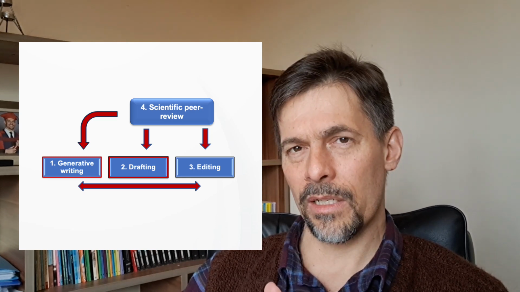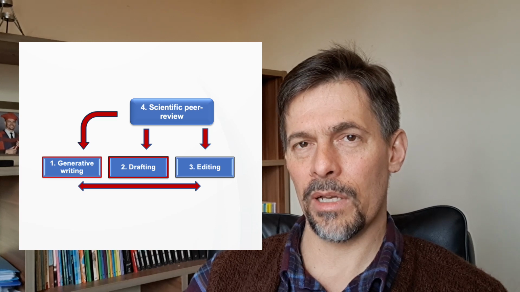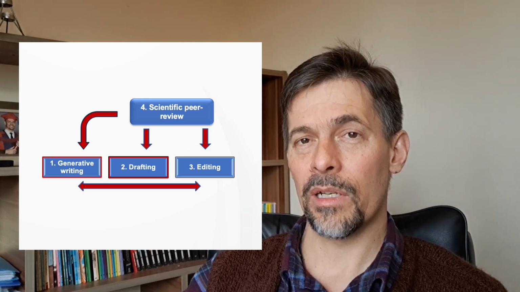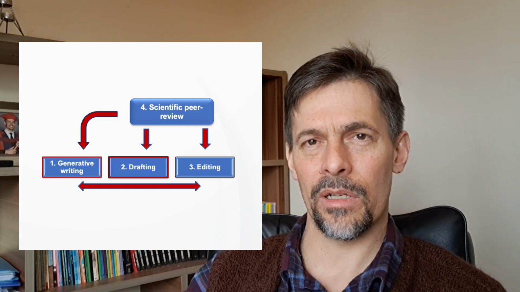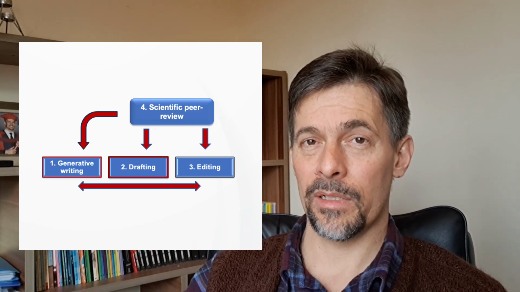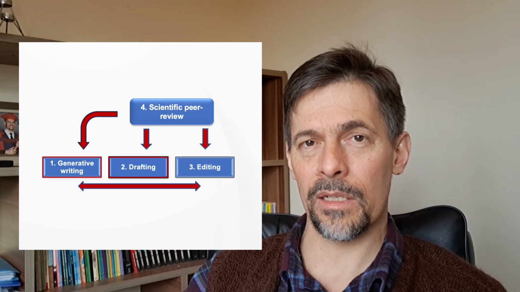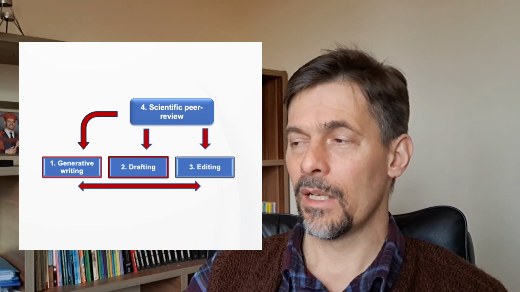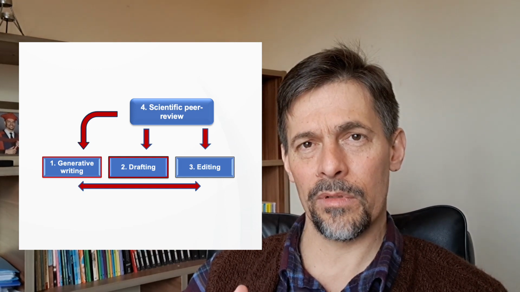The second phase is where you start crafting those ideas into an imaginary conversation. It's basically where you put all the views of the authors from your papers together with your reflections and your synthesis of that. The third phase is where you start preparing your document for the community.